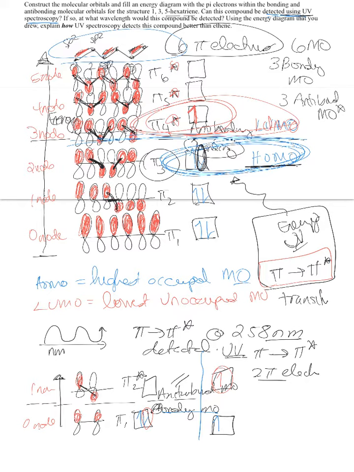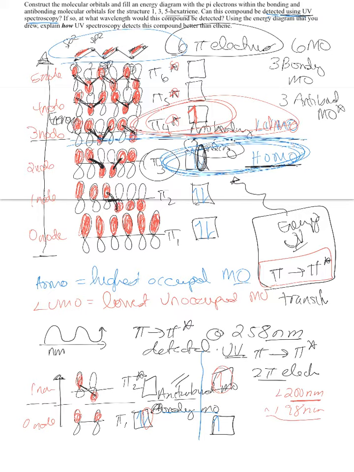I don't have that recorded, but I want to say it's less than 200 nanometers. I want to say it's like 198 nanometers, but I don't know. But it's definitely less than 200.